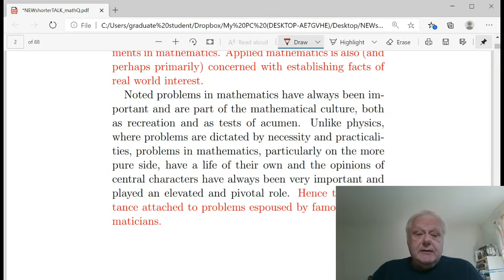As I said just a moment ago, noted problems in mathematics have always been important and a part of the mathematical culture. In olden times, it was a test of one's acumen and was a recreational endeavour.